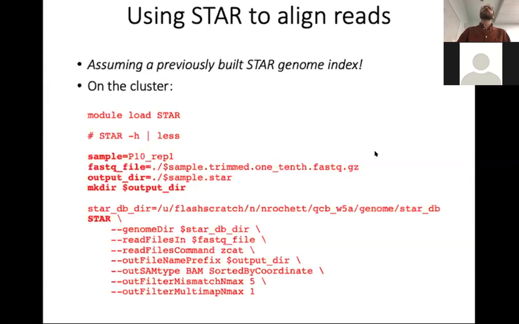Okay. So if you type star or which star, it should show this path there. And if it does, then you're ready to go. If it shows you something else, you have to either call the file directly or tell the system where the file is.